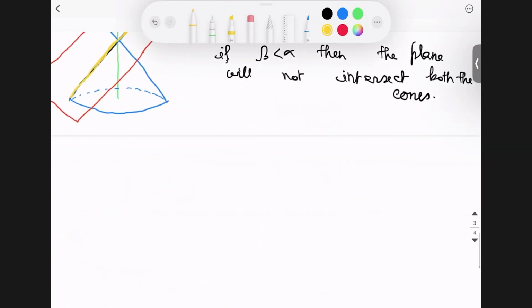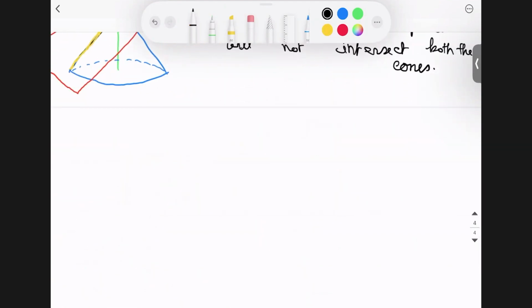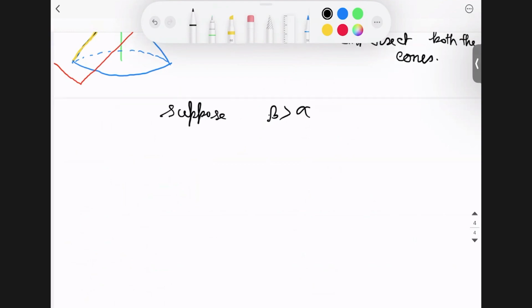Now, what if beta is greater than alpha? Suppose beta is greater than alpha. In that case, let's draw the figure.